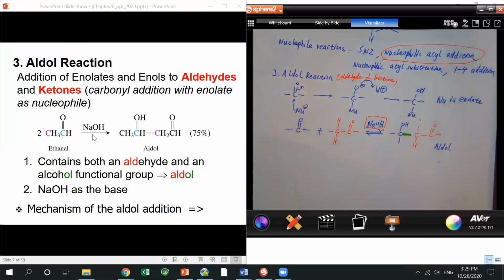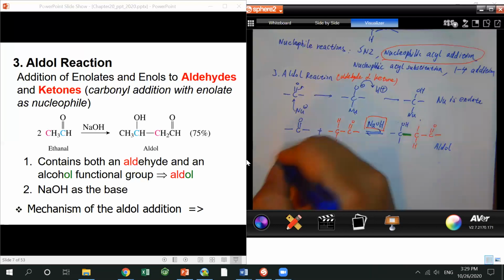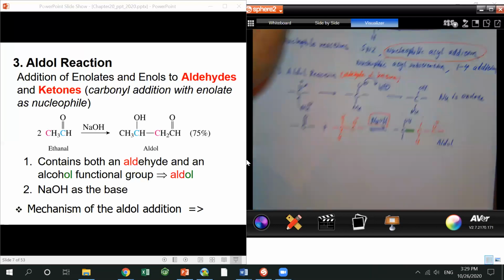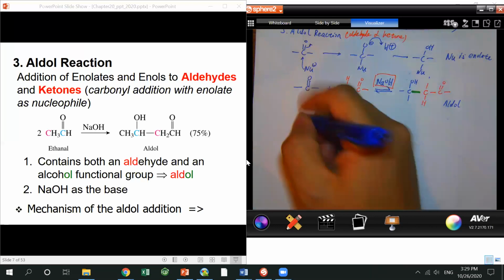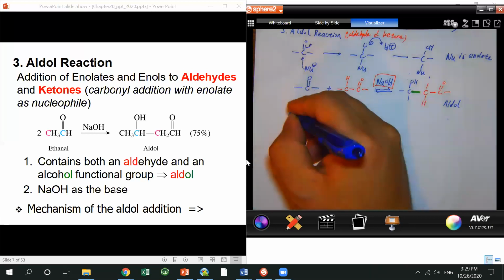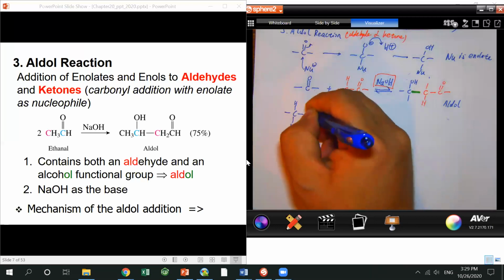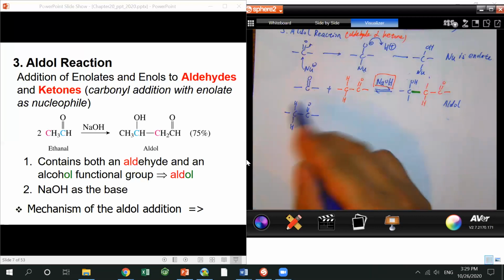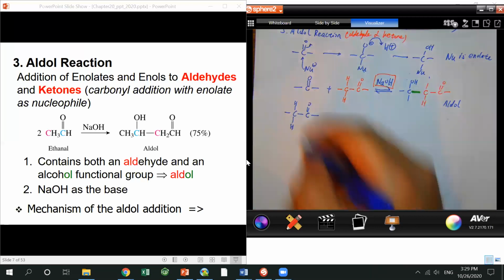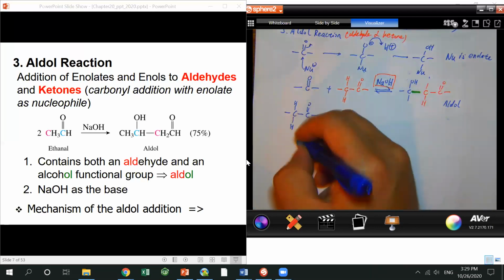Here I draw the mechanism for you. This mechanism is required for this chapter, the Aldol reaction. We first need to deprotonate an alpha hydrogen, because it is under basic conditions.